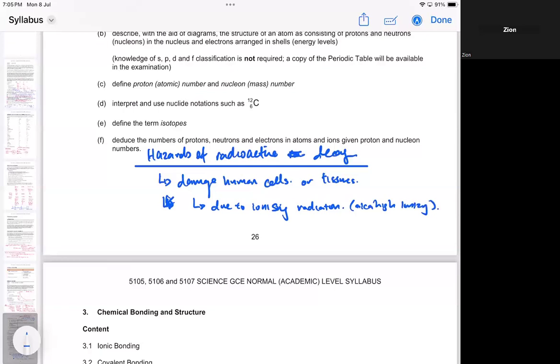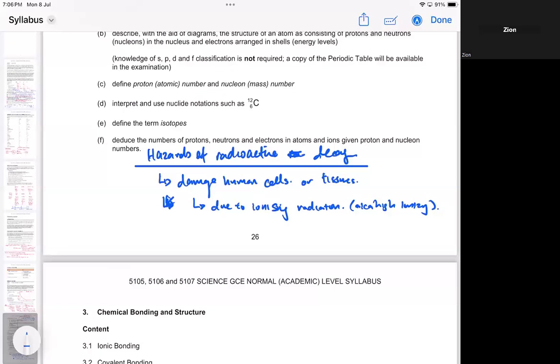That's why alpha particles cannot be used for medical purposes. They are very highly ionizing. First of all, the radiation can be blocked by the skin, so it doesn't really work. But even if it works and penetrates, you get full-scale destruction of everything because it's so highly ionizing.